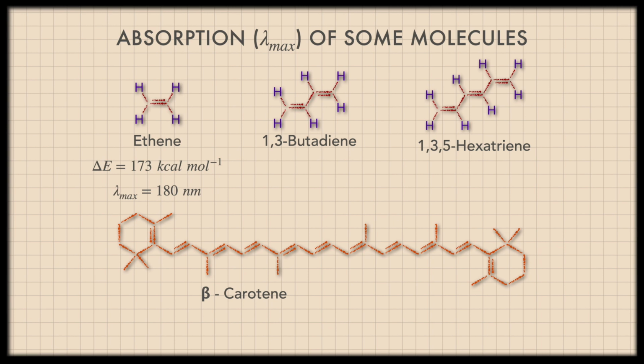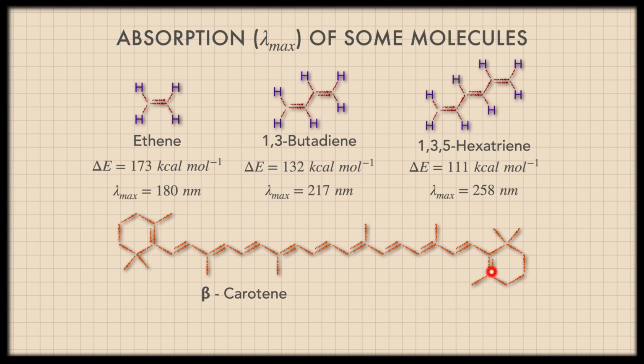So very short wavelength, that's why this appears colorless. If you go here, this is 132 kilocalories per mole, so 217 nanometers, still colorless. 111, see the energy decreases as there's more conjugation, absorbing at 258 nanometers.